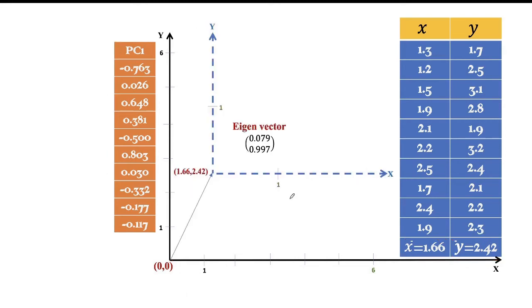So this is the new x and y axis, and now we have an eigenvector given as 0.079, 0.997. Let us plot this number.